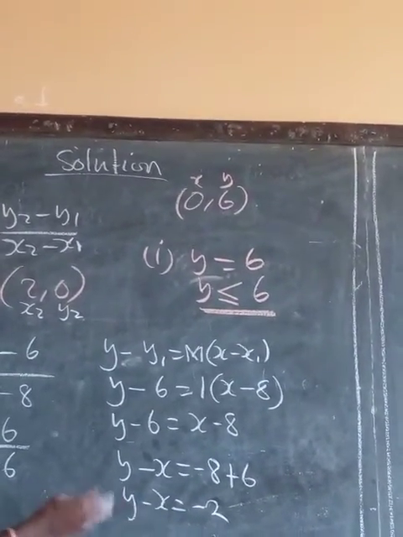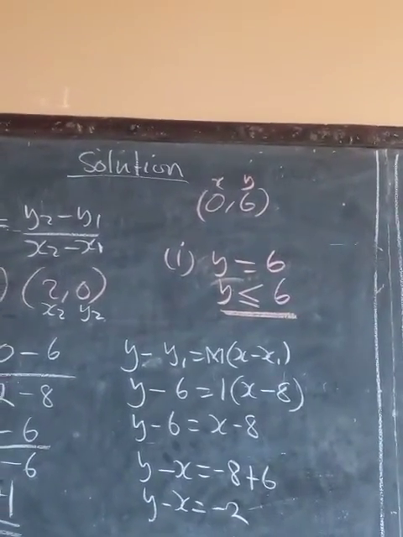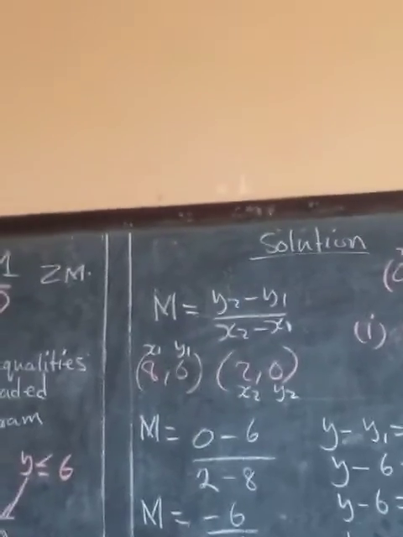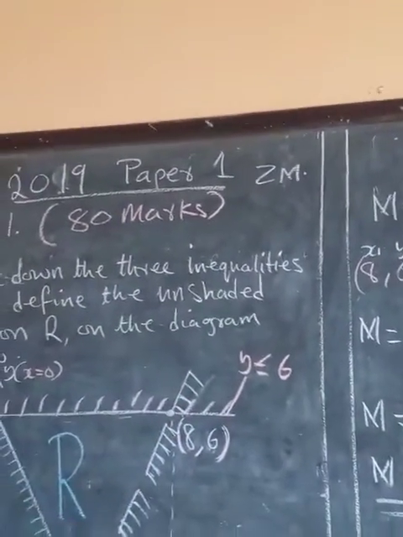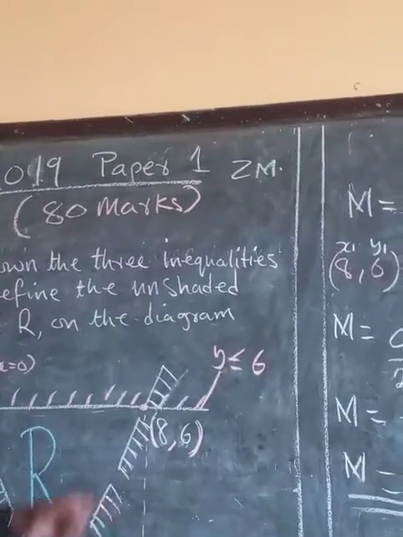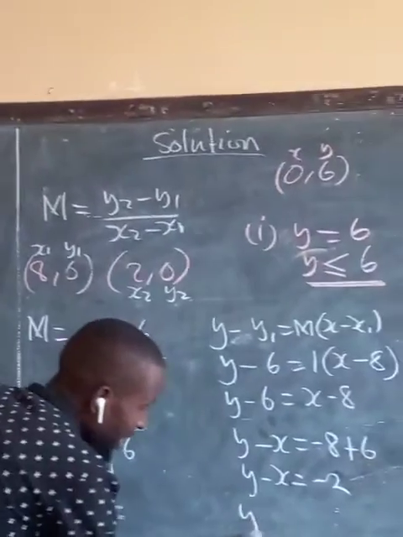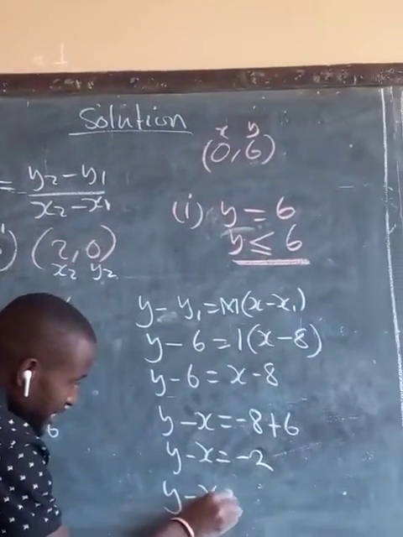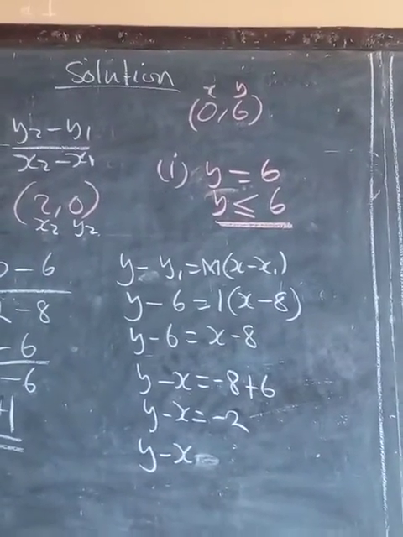But if the line is shaded, this is not where you leave your answer. If you see the line here, it is a shaded line. They have shaded it, and it is a dotted, broken line. So the symbol, you already know what to do. So it will be y minus x is equal to, not is equal to, but instead we look, they have shaded the greater part.